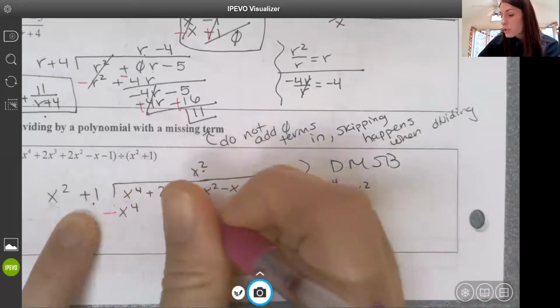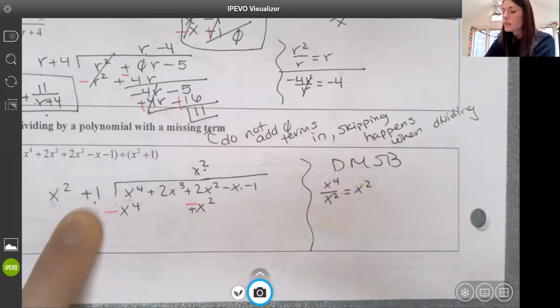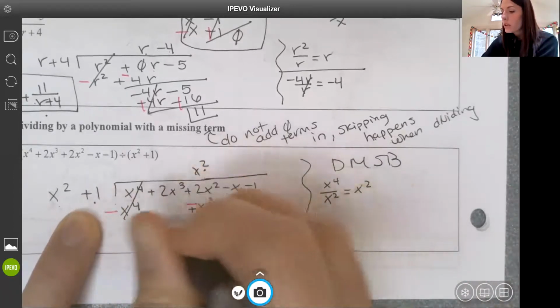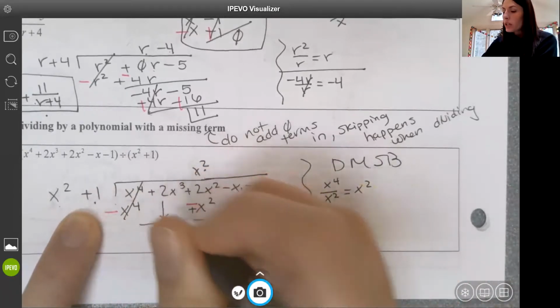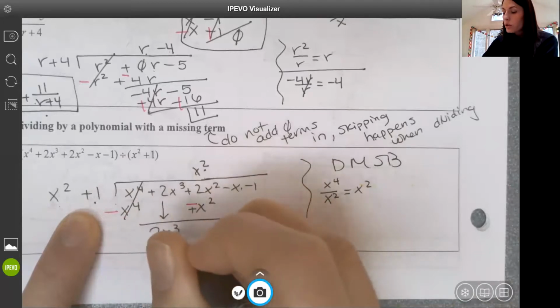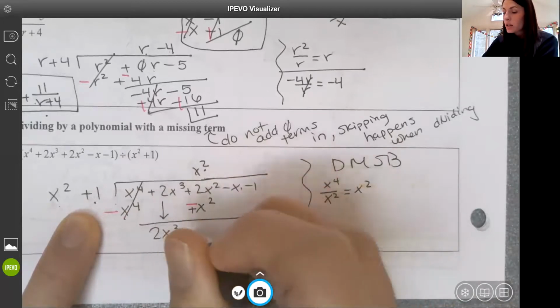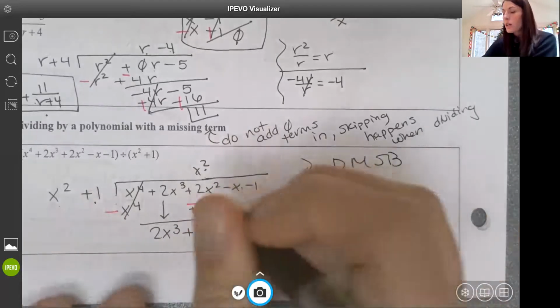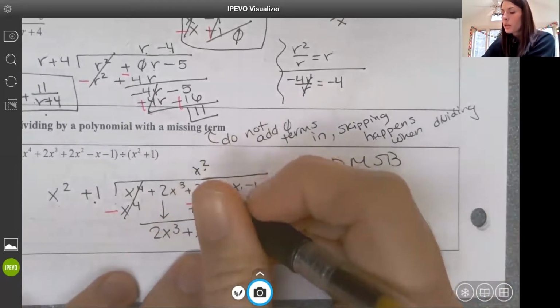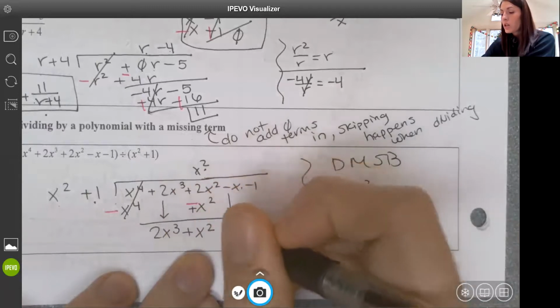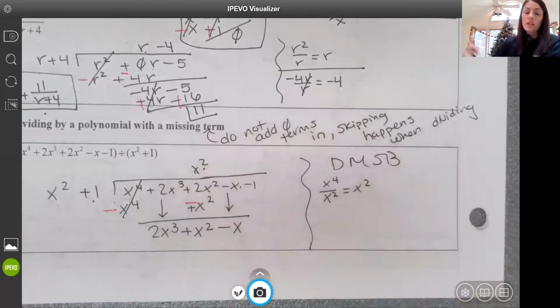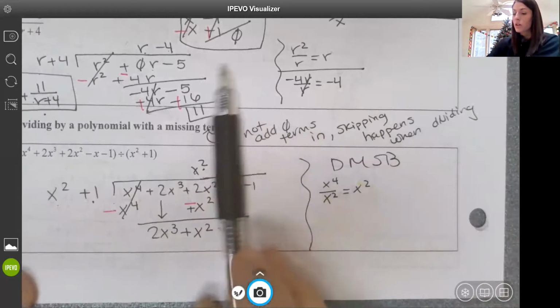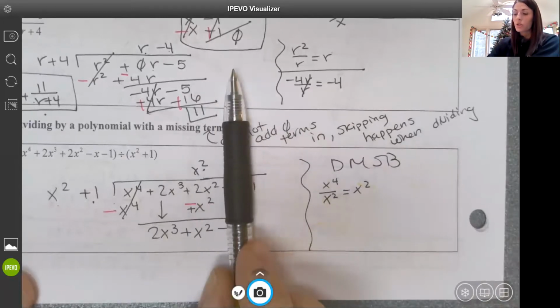Now subtract, change all of our signs. These will cancel. I'm going to bring down the 2x cubed, and what will be combined here becomes 2x cubed plus x squared. So I have to bring down this term, subtract here, and I'll still bring down the next term because I still need 3 terms. You see how now I'm looking at 3 terms instead of just 2?